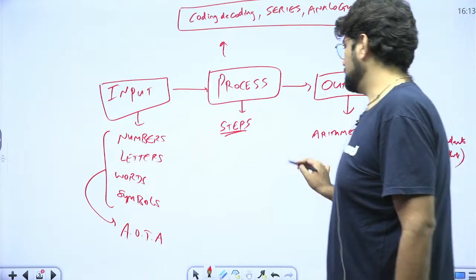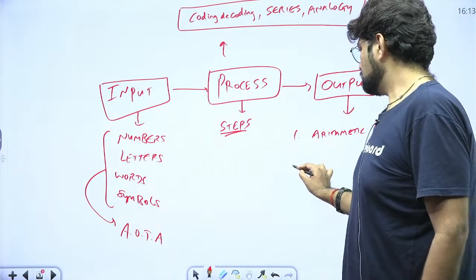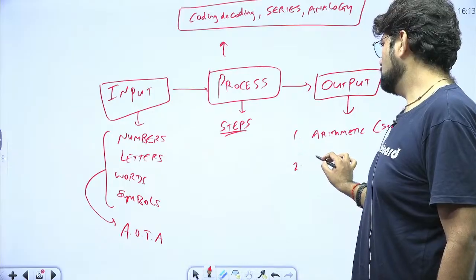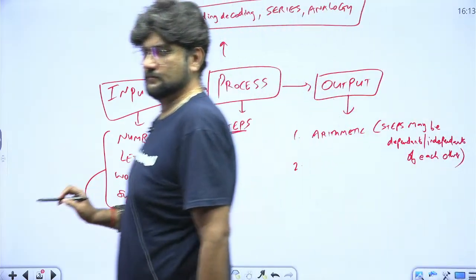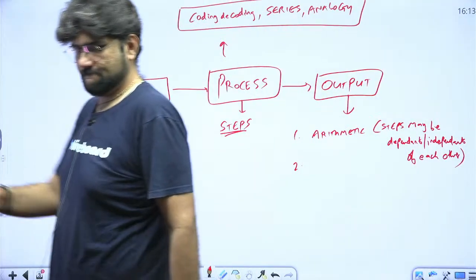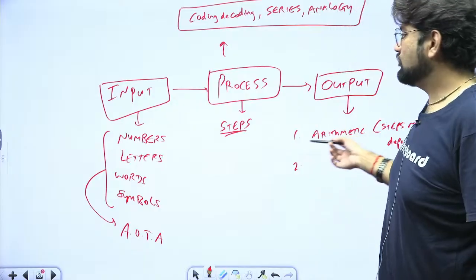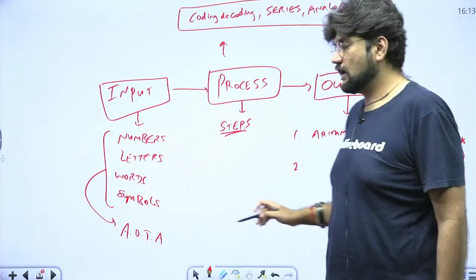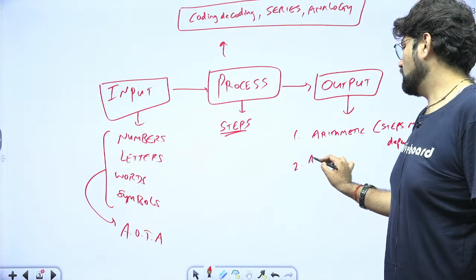Okay, what is the other thing? Other thing can be arrangement. If you're looking at letters or maybe words, you arrange them in an alphabetical order.